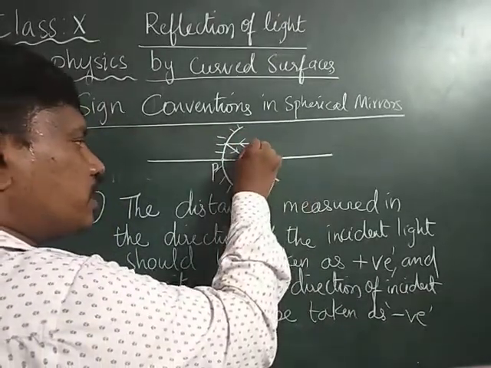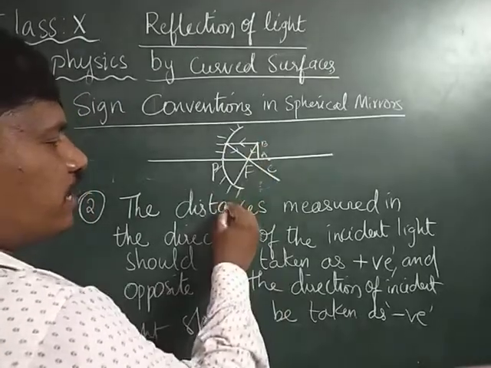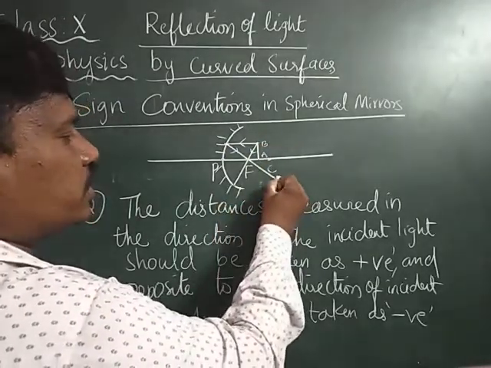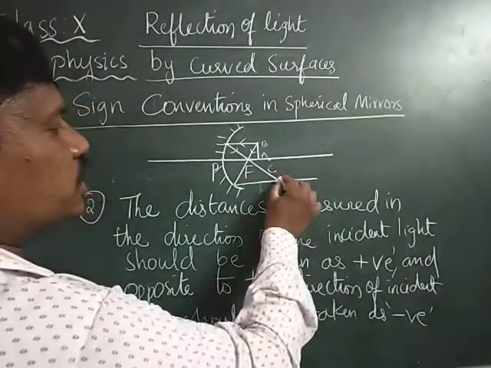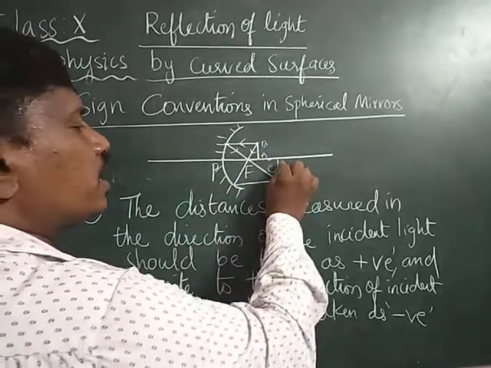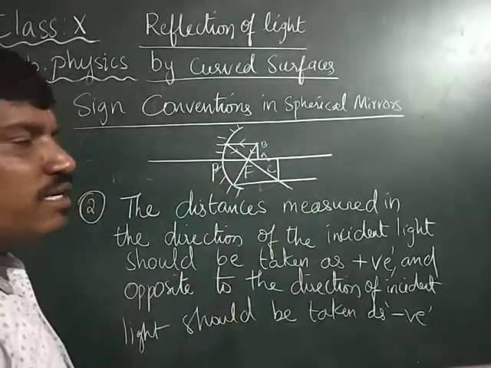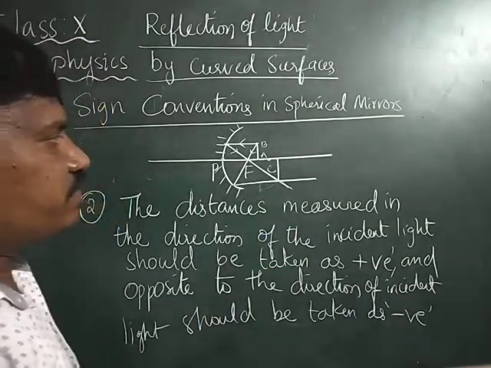And the second rule is that a light ray passing through the focal point, after reflection, travels parallel to the principal axis. Here the image is found beyond the center of curvature. All these we already learned in the previous class.